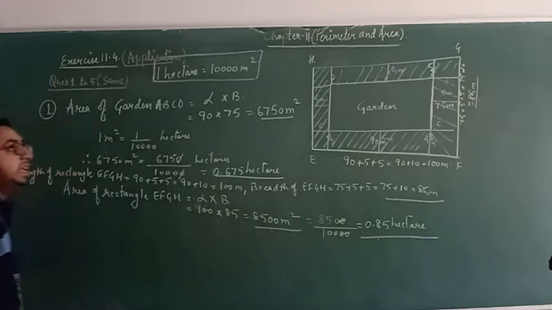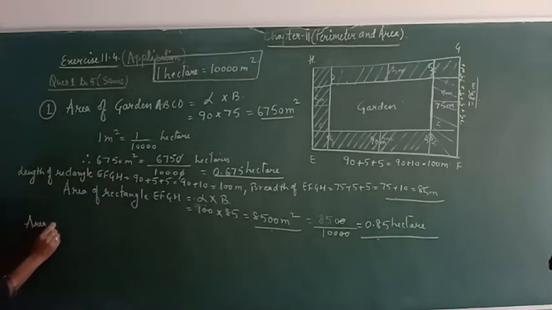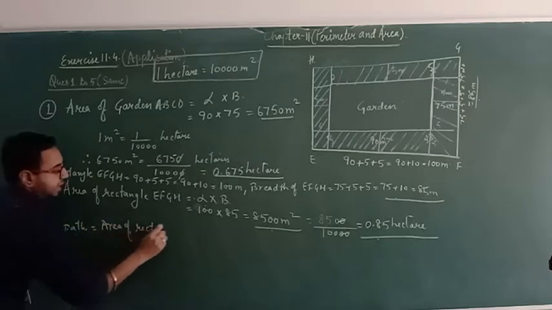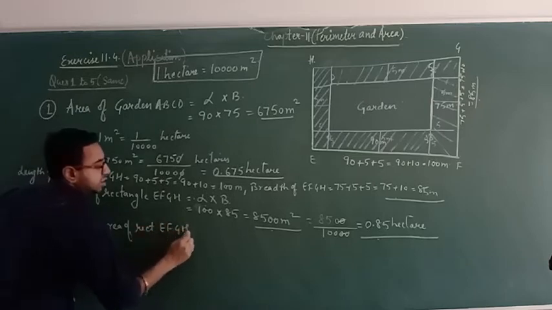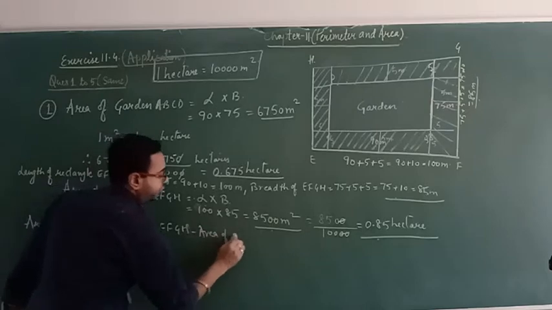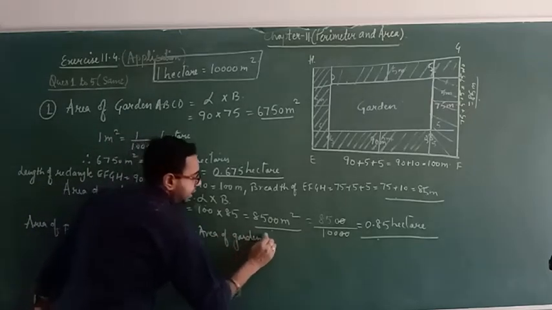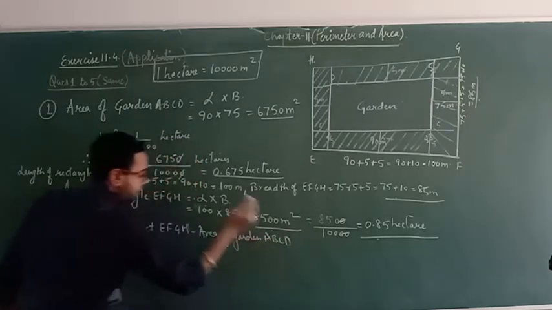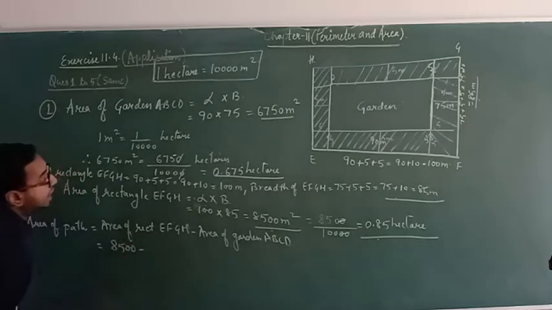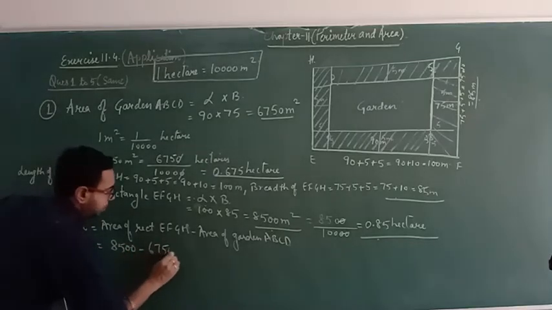Now, to find the area of path, is equal to area of rectangle EFGH, because it includes the path, minus area of garden ABCD, that is 8500 minus 6750.